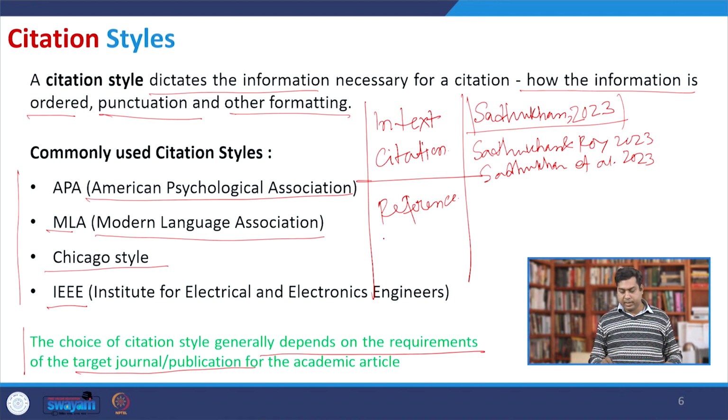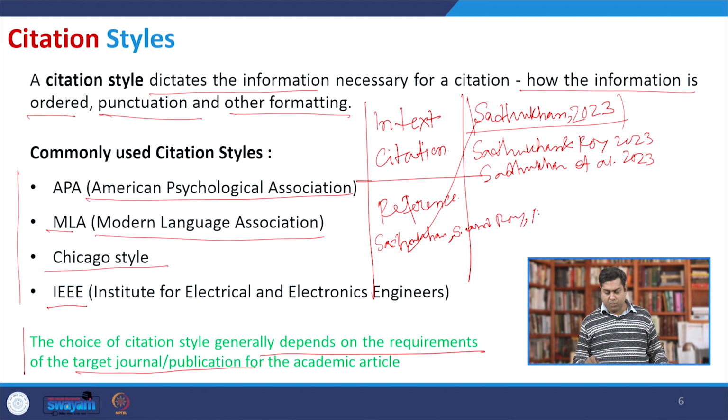In that case I have to write Sadhukhan, comma, then normally we give the first letter of the first name, and if you have a middle name you put it after that. For the second paper you have to write Roy comma A, and then there is a certain kind of style. That we will discuss.